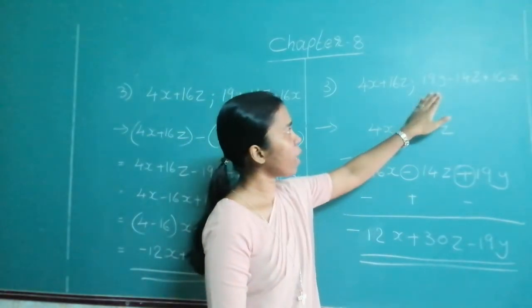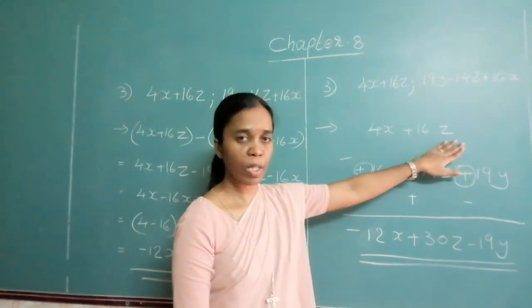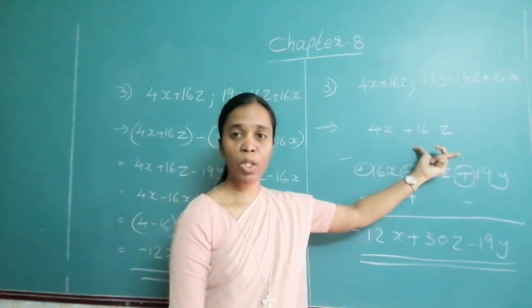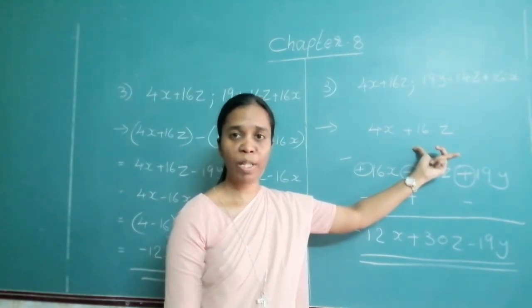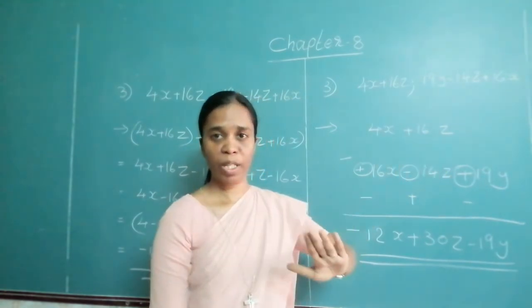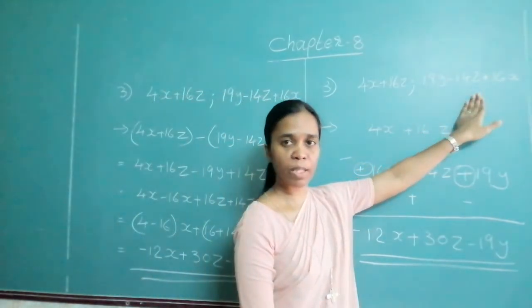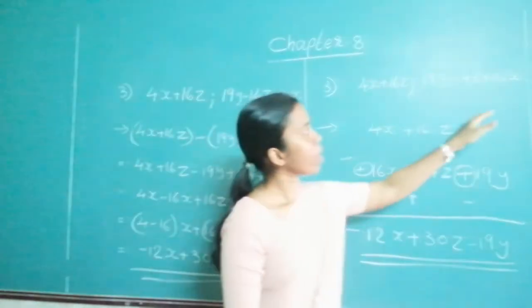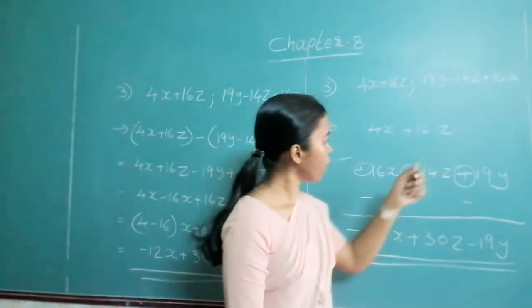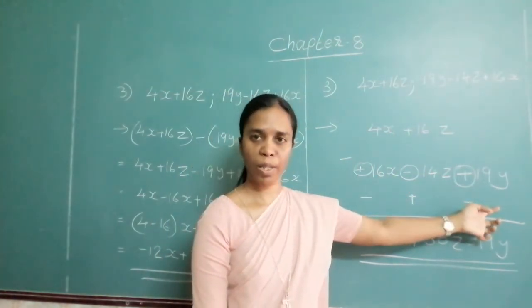So this 19y, where should we write it? If you look at the first binomial, there is no 19y, there is no term with y, no variable y. So where should we write it? So you just wait. You write the other expression. Next is minus 14 is z. So minus 14 is z, you write below 16 is z. 16x, you write 16x below 4x and then you write 19y.